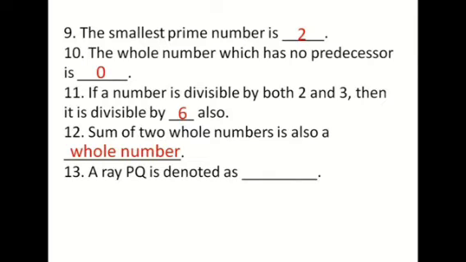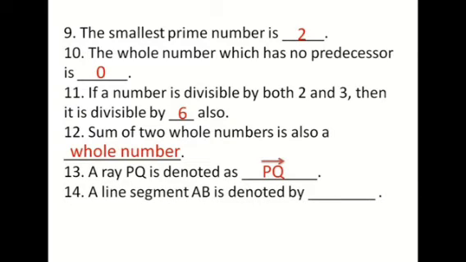Yes? Please fill it. Next one. Question number 14. A line segment AB is denoted by. If it is a line segment, how will we denote it? AB, on the top a small bar. Yes, these are very important.